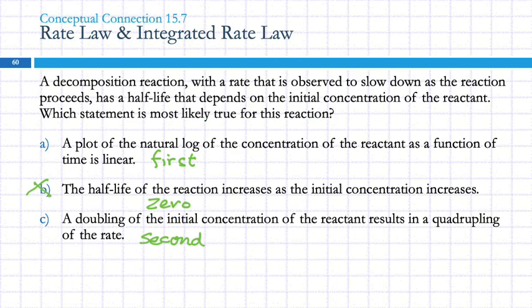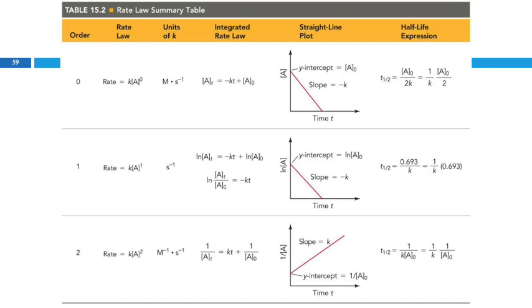It's not saying how it depends, but it's saying it depends. Well, that first order one is the one that does not depend on the concentration. And if we don't remember that, we can go back to our handy table here. Let's read this one. This half-life depends on concentration. This half-life does not depend on concentration. This one does. So we eliminated the zero order because the rate wasn't changing, and we were able to eliminate this one because the half-life doesn't change.